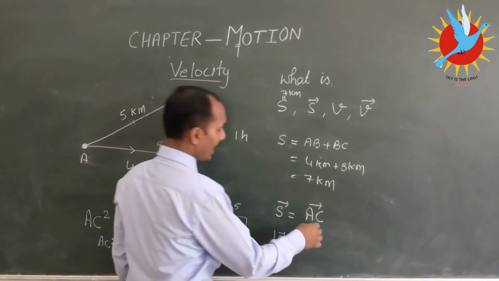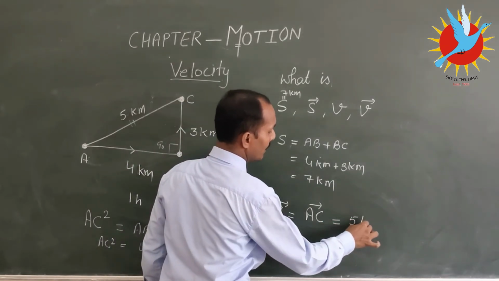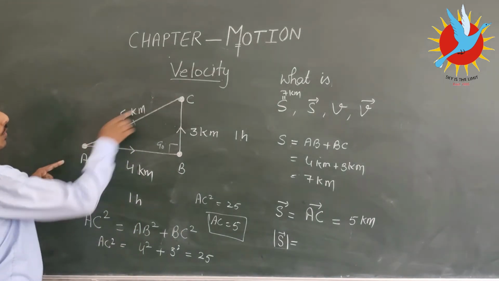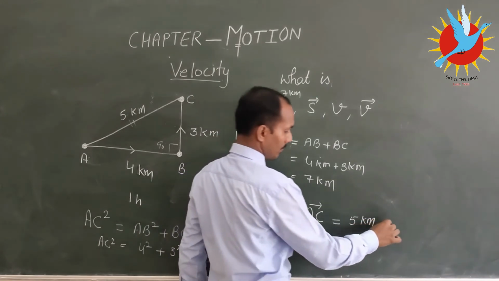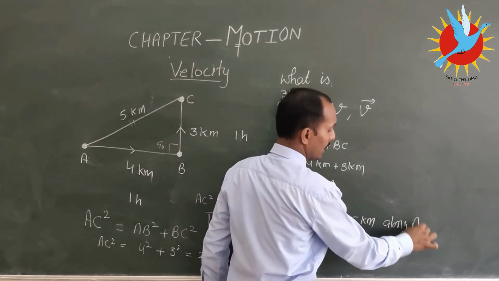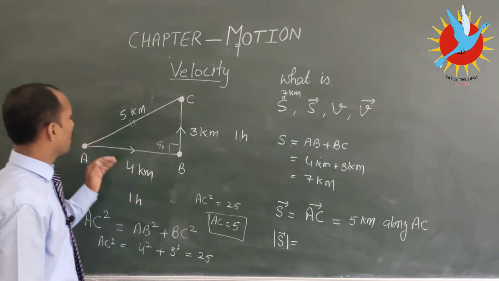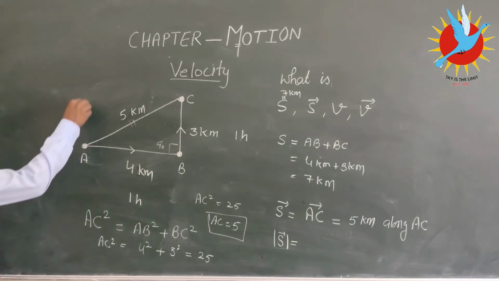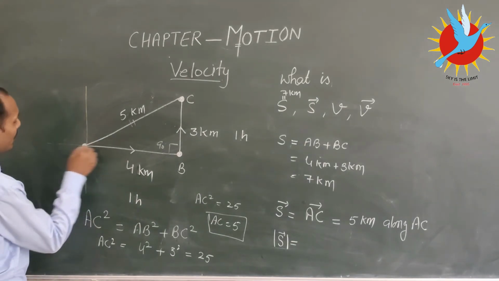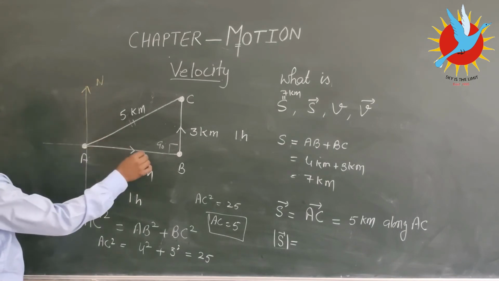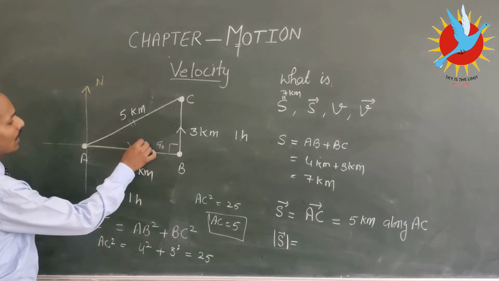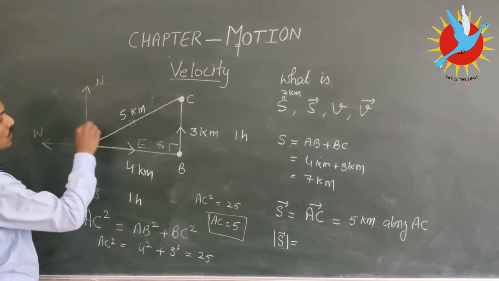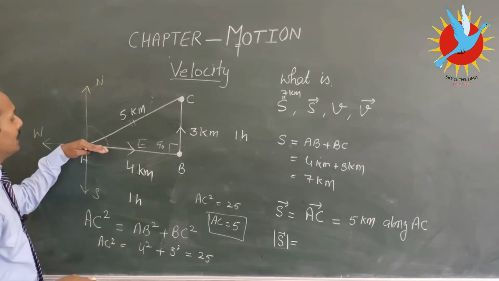Its value is 5 kilometer, but it has an arrow, which means it has direction. Direction is along AC. If you don't want to write AC, then draw a coordinate system here, showing north, east, west and south.